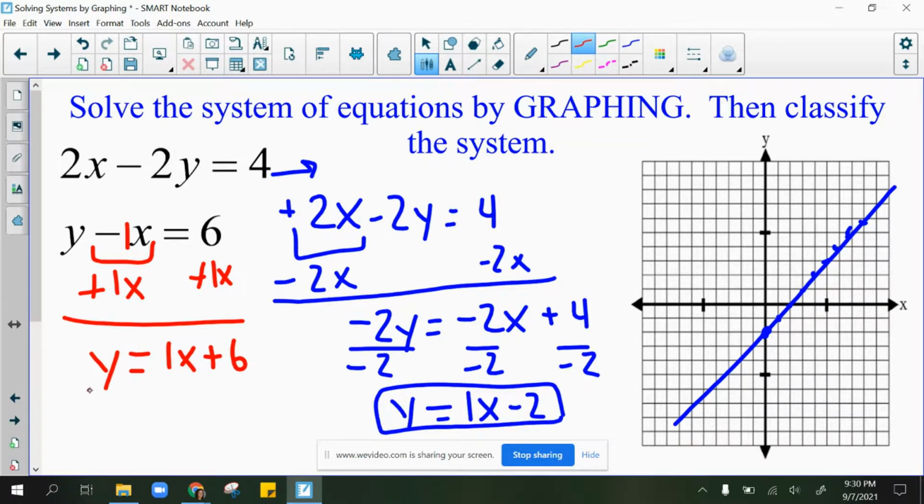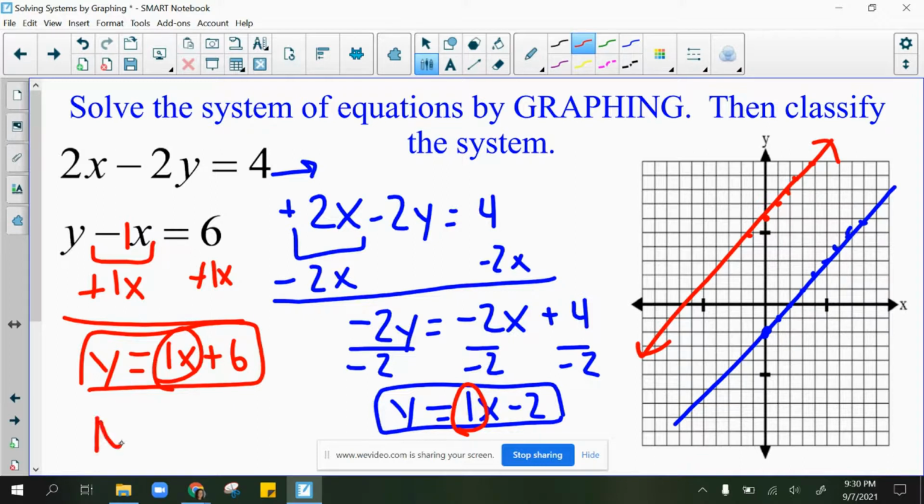There's no number in front of y, so that's all I had to do. So this one I'm going to start at 6. And I'm going to go up 1 over 1, up 1 over 1, up 1 over 1. And they're never going to meet. Notice my slopes are the exact same. So they are parallel. This one has no solution.